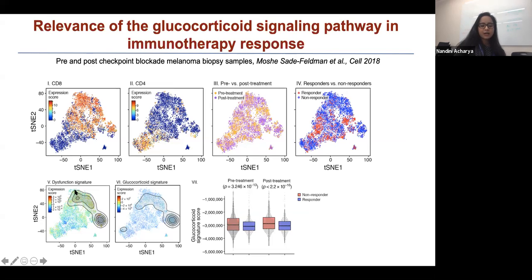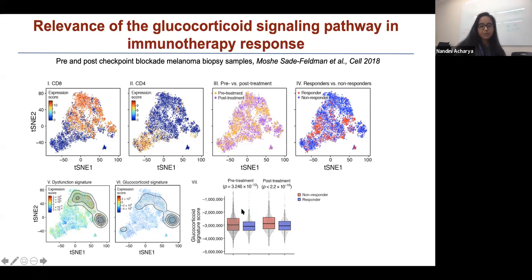When we projected our dysfunction signature and glucocorticoid signature on this single cell population, we saw that, in accordance with our previous murine data, the cells that had the highest expression of glucocorticoid signature also had the highest expression of dysfunction signature. So our mouse study was consistent with what we see here in humans.